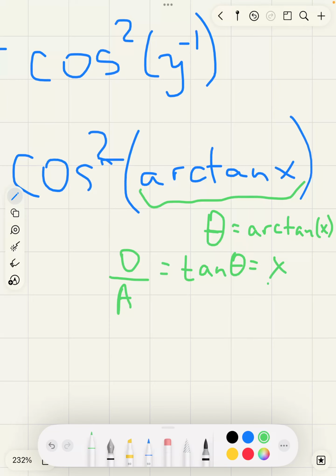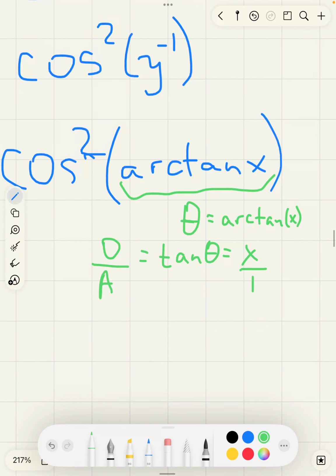So I would need to write x as a fraction, x over 1, which means when I go to set my triangle up, the side opposite from theta is x, the side adjacent or next to theta is 1. So I still need to get my hypotenuse, which I can do from Pythagorean theorem. Spare you the setup, it's going to be the square root of 1 plus x squared.